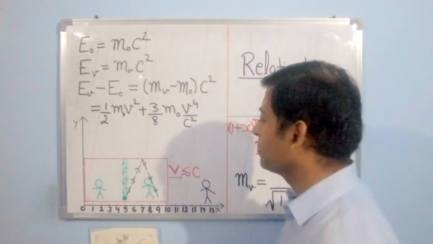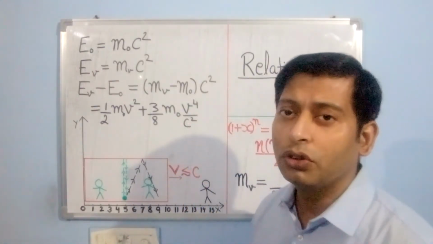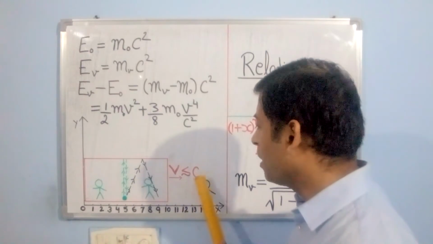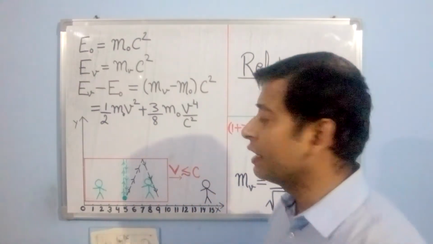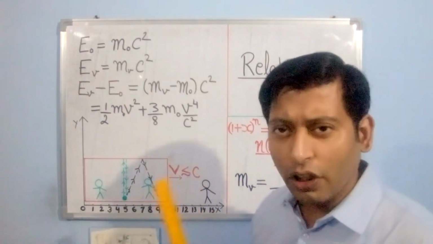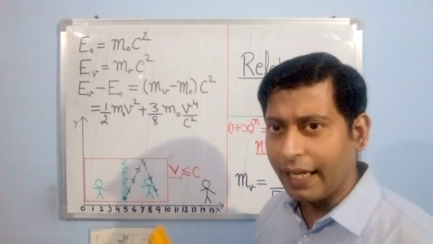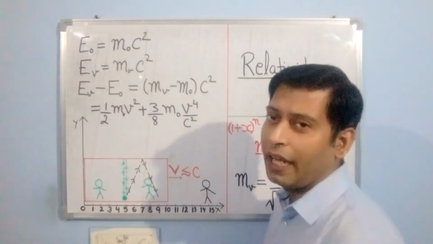The full story is, let's say the speed of the train is not very less than the speed of light. Let's say it is approaching the speed of light, right? Not equal or more, it is less than, but approaching near the speed of light. Then what will happen?